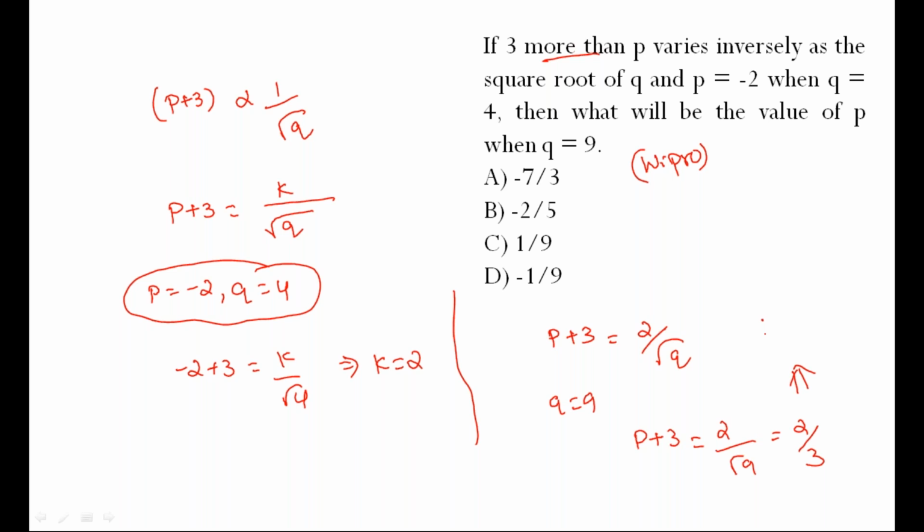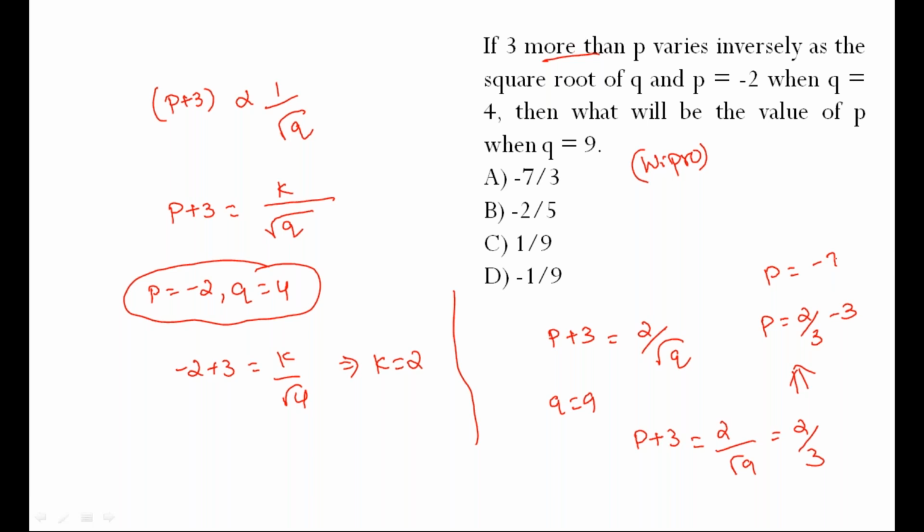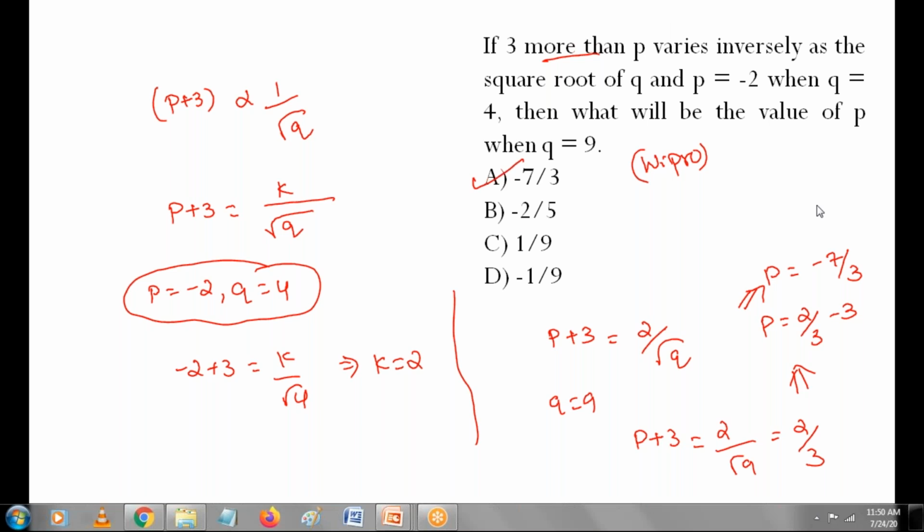From this, P equal to 2 by 3 minus 3, nothing but P equal to minus 7 by 3. P value is nothing but minus 7 by 3. Option A is correct. Fine. So hope you people understand this. As per the question, what are they given? You should form the equation properly and go ahead with that.